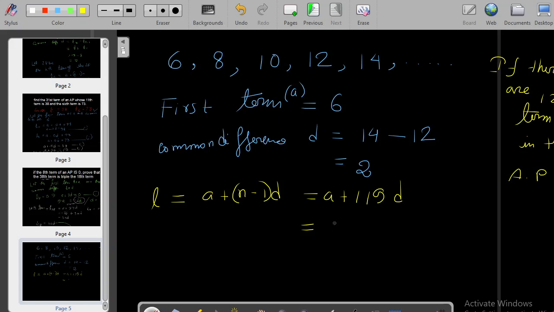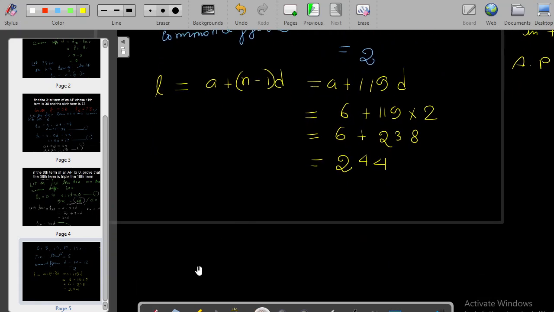Here A is 6, so 6 plus 119 into 2, because D is 2. So 6 plus 238, and that is 244. So the last term of this AP is 244 if there are 120 terms in the AP.